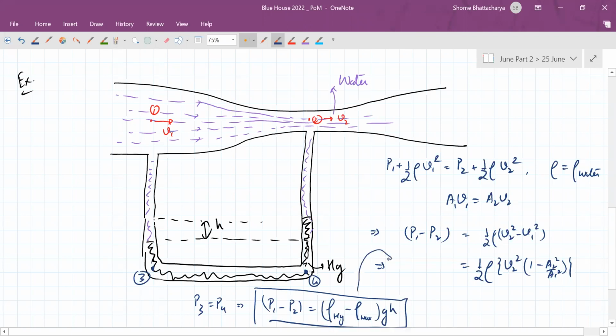So this has to be substituted here. Okay, so Durgesh, it's clear, I hope.